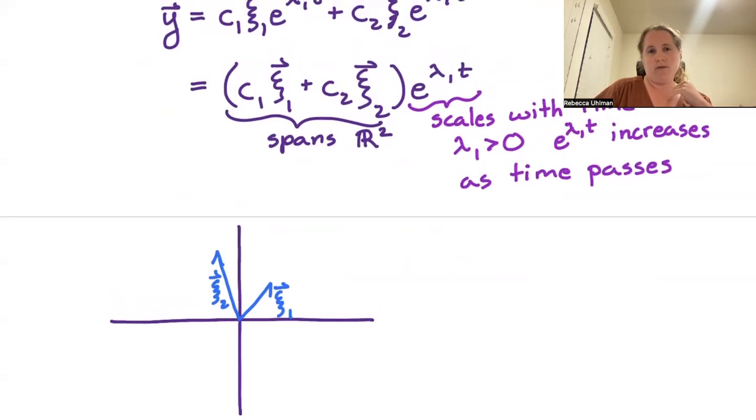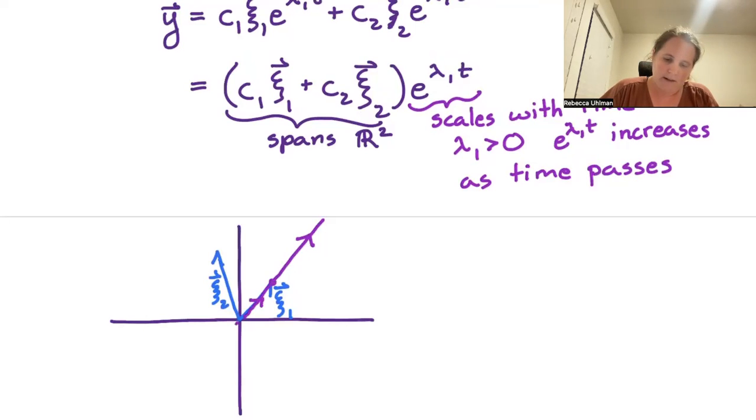Now we know if C1 or C2 is 0, we're just looking at scaling of that Xi1. We'll start at Xi1 and work our way out, and as time goes backwards, we'll head back in towards the origin.